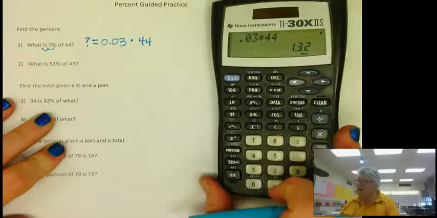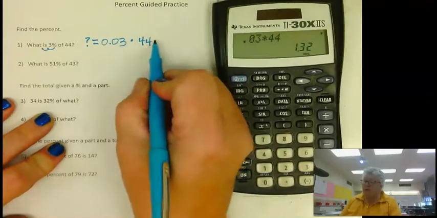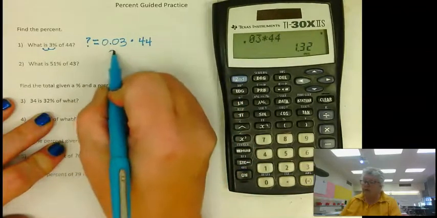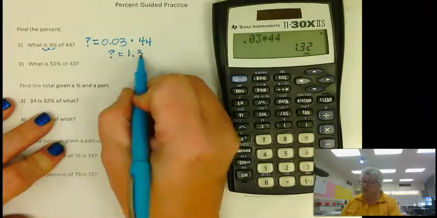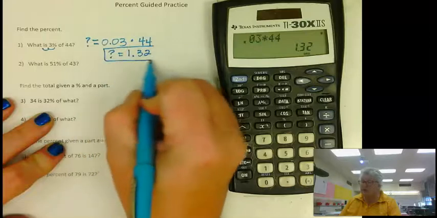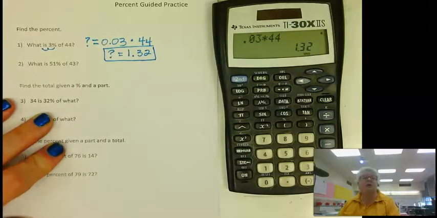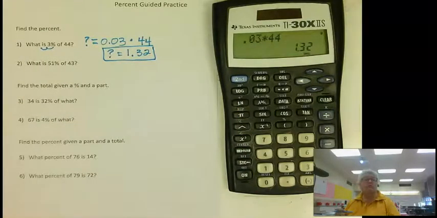Look at that, 1.32. So the question mark equals 1 and 32/100ths. Okay, doesn't matter whether it's a question mark or if it's an X, whatever. It's the same. We just keep going, rolling with it.